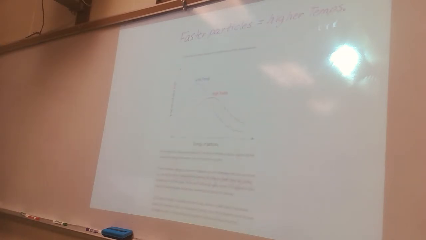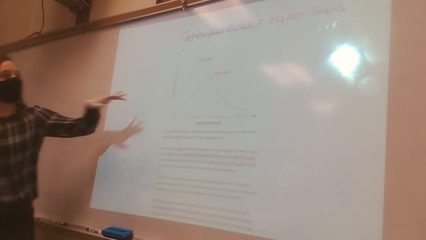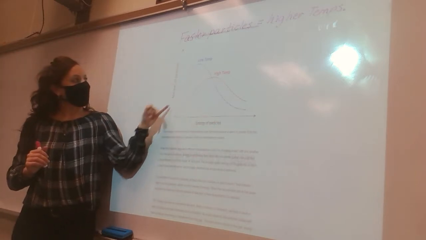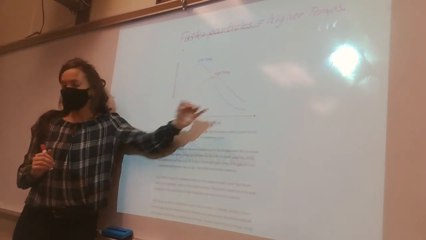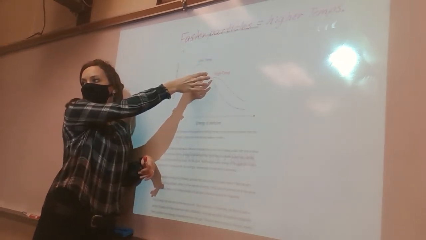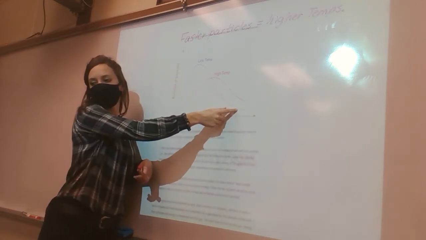This graph is important. We've seen this graph before. This is not new. But the number of particles, the energy of the particles, at a lower temperature, you have more low energy particles, less high energy particles.